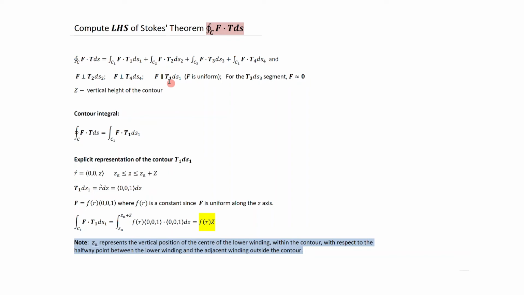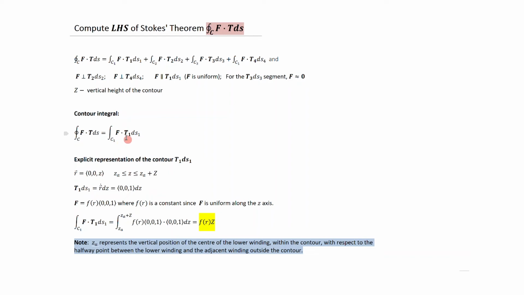F is parallel to T1 ds1 along the center, along the axis of symmetry, and F does not depend on z, so F is uniform. For the T3 ds3 segment, which is outside the coil, F is approximately 0. Z is the vertical height of the contour. So when we look at these 4 terms, only one term survives, and that's the term along the center in the vertical direction.